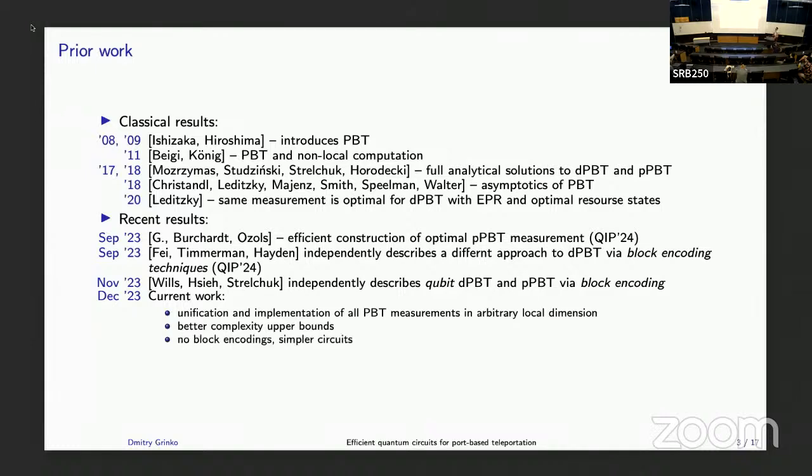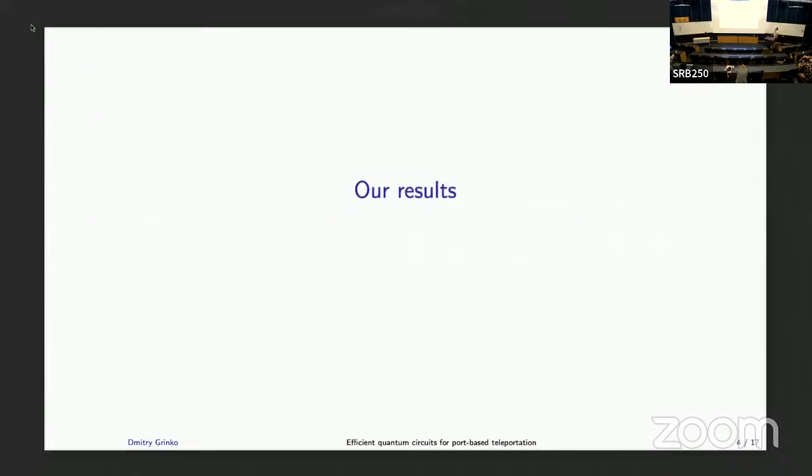A distinctive feature of our approach is that we don't have any block encodings, and in this sense we have much simpler quantum circuits, which you will actually see with your eyes. Okay, so let's go to the main results.